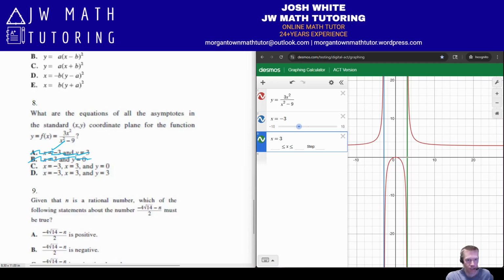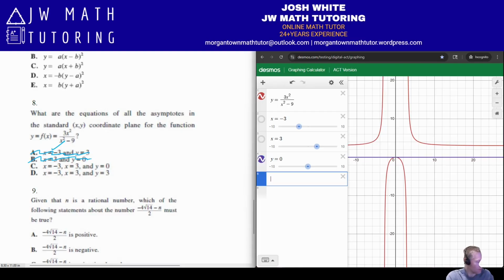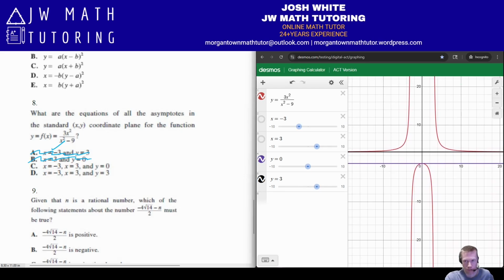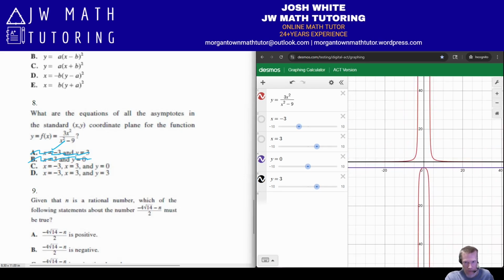So now the question is, is the asymptote at y equals 0 or y equals 3? So we can graph both of them, and I'll just get rid of these just to make the graph a little bit less cluttered. Okay. So which one is an asymptote? Well, hopefully you recognize it's clearly y equals 3, that, as we send x to infinity, both on the positive side and the negative side, they're approaching this y equals 3 horizontal line here.